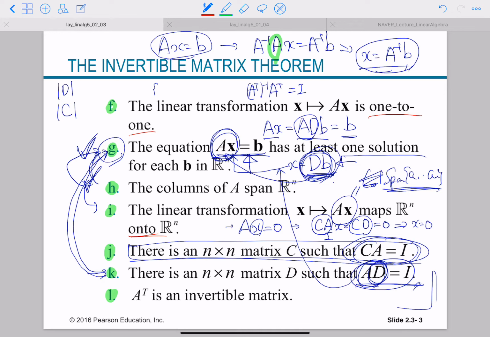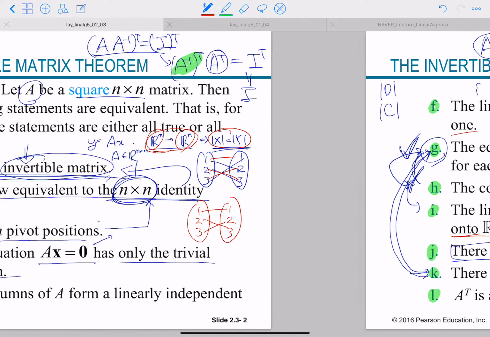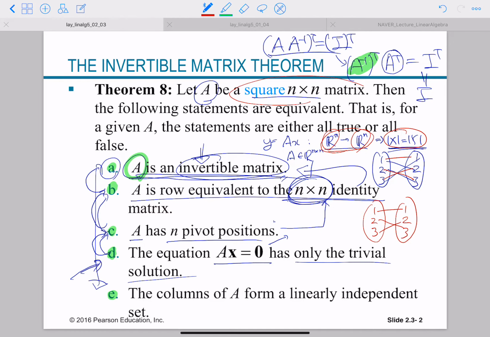But again, this kind of property only applies to the square matrix. So we consider only the square matrix. If A is not a square matrix, then the matrix can have, for example, linearly dependent columns, but at the same time we can have pivots in every row, which guarantees a solution for any b, right?